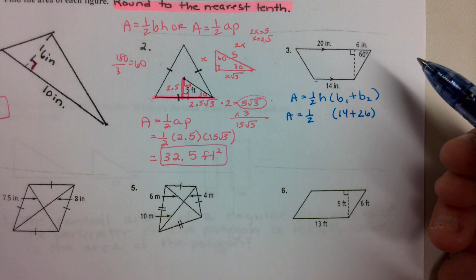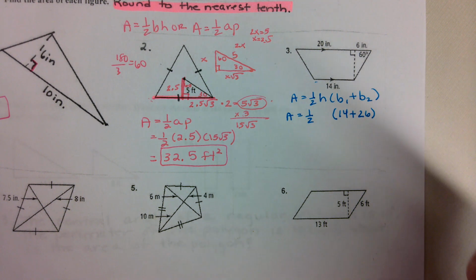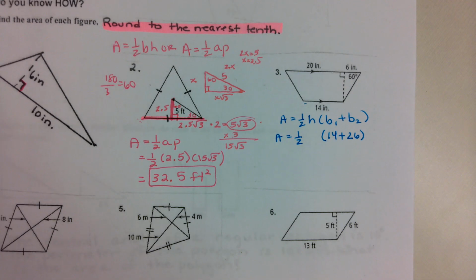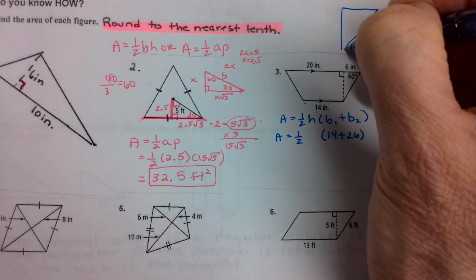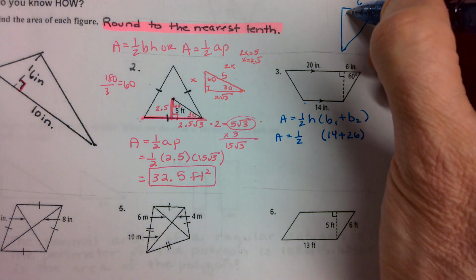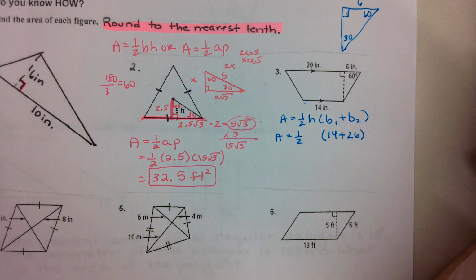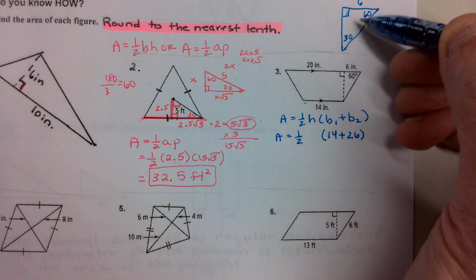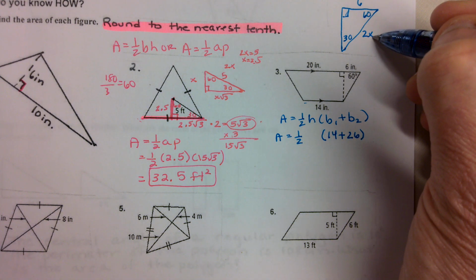Now it's just lovely, because again I have a 60-degree angle, so I have a 30-60-90. I'm going to go up above it and make my triangle a little bigger for you guys to see. So this was a 60, said this was 6 inches, and here's my right angle. So that means this is a 30. Opposite to 30 is always your x. Hypotenuse is 2x.